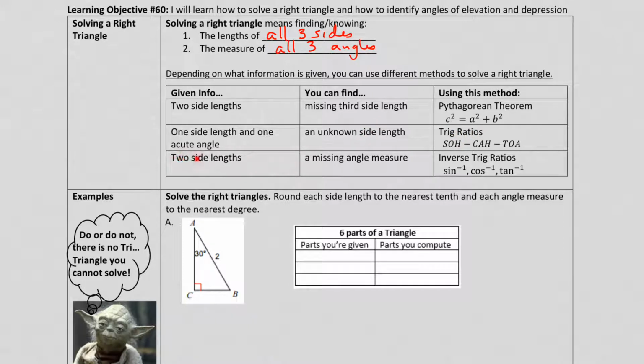Lastly, if you know 2 side lengths and you want to find a missing angle, then you can find an angle using inverse trig ratios. Guys, among this as well, you have special right triangles that you could also use when you recognize that special case.